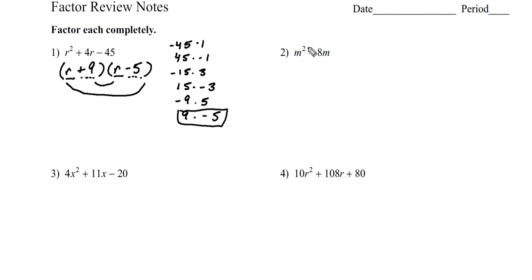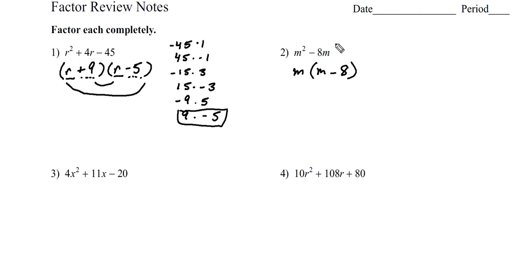So in 2, if we look at the common factors that these two terms have in common, obviously we can see m. So we could factor an m out, and what would be remaining would be m minus 8. M times m is m squared. Negative 8 times m is negative 8m. Those are 2 basic examples so far.